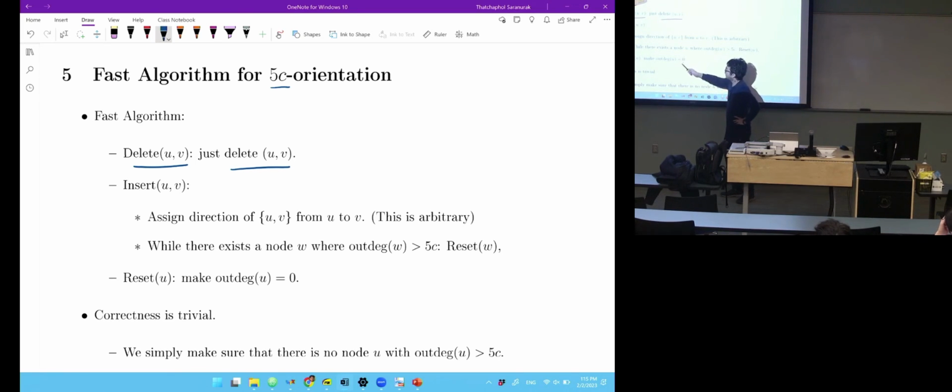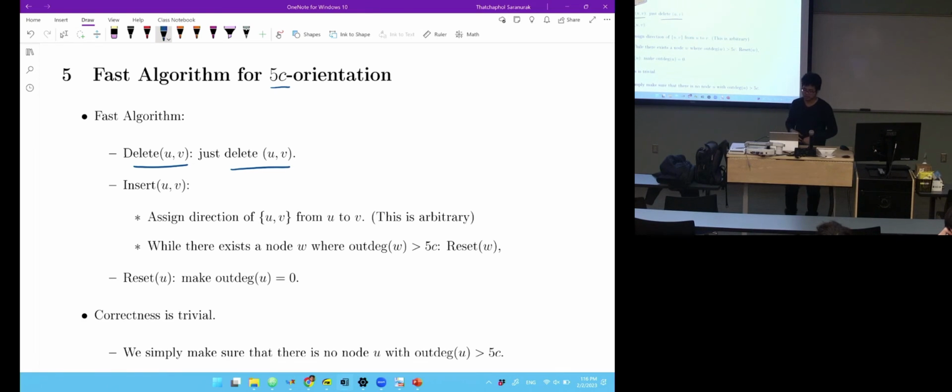As long as there exists a node W that has outer degree more than 5C, I reset. And by reset, I mean just make the outer degree of this node become 0. That's the algorithm. Keep doing this until no one has outer degree more than 5C.